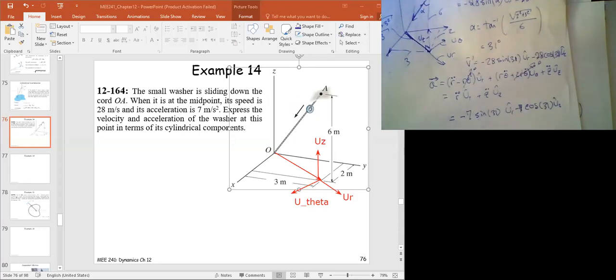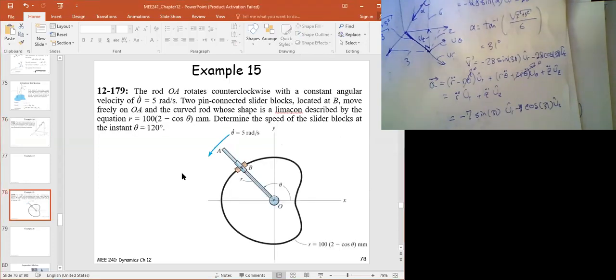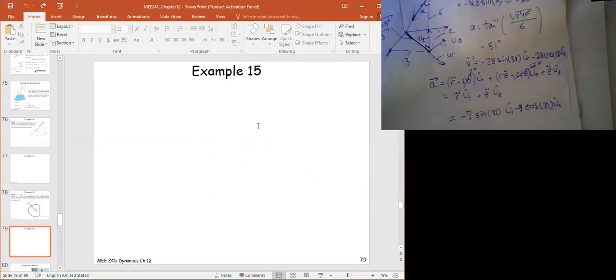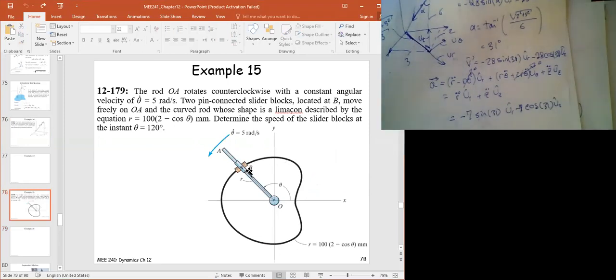Let me clear this up and jump into this example, where we use these formulas. In this example, we have a rod OA rotating counterclockwise with a constant angular velocity of 5 radians per second.